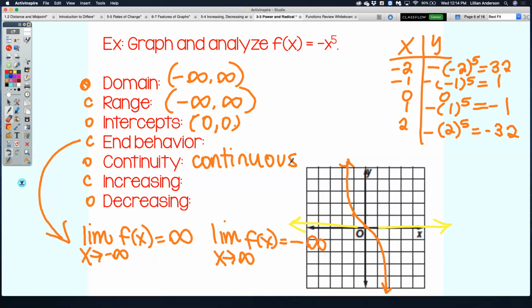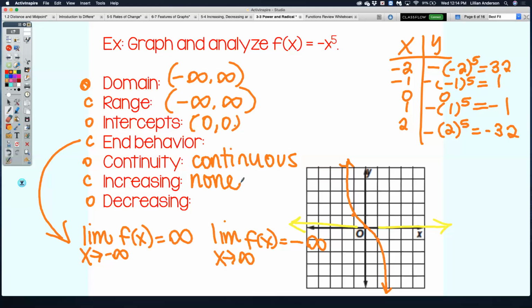Negative infinity to... ooh, careful, careful. We use 0 as that point for increasing and decreasing behavior, because as we go from negative infinity to positive infinity, we always read from left to right. Is it increasing anywhere? There's none.